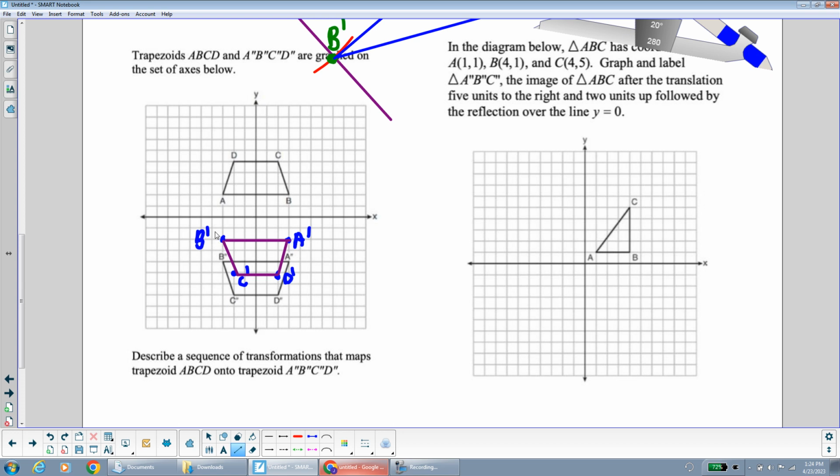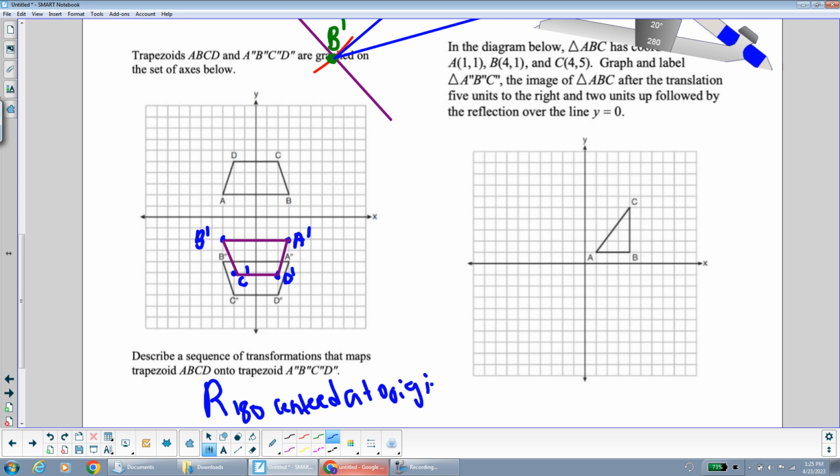So it looks like if we slide down 2 units here, that would be good. And down 2 units here, down 2 units, down 2 units. So that's a translation of down 2 units. So a rotation of 180 degrees, doesn't matter which direction, centered at the origin.